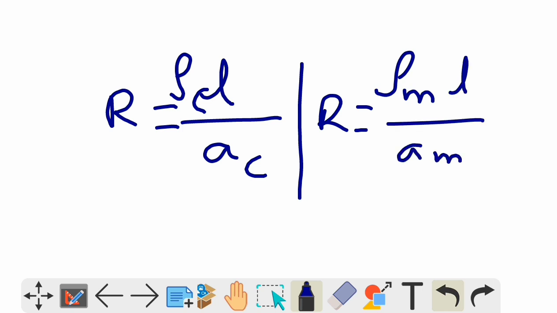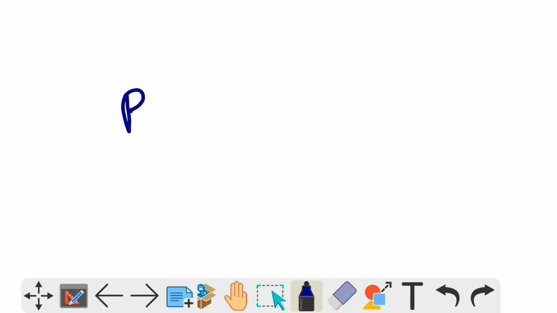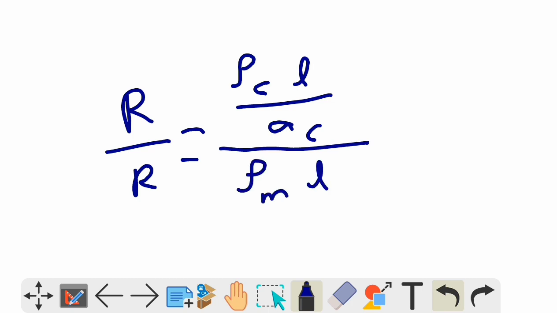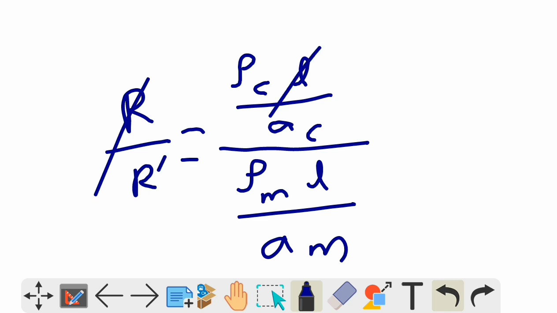Understood? Let's take the division of both of them. Now the ratio R by R equals rho C L by AC divided by rho M L by AM. R will be cancelled, L also will be cancelled. So from here how do you get?